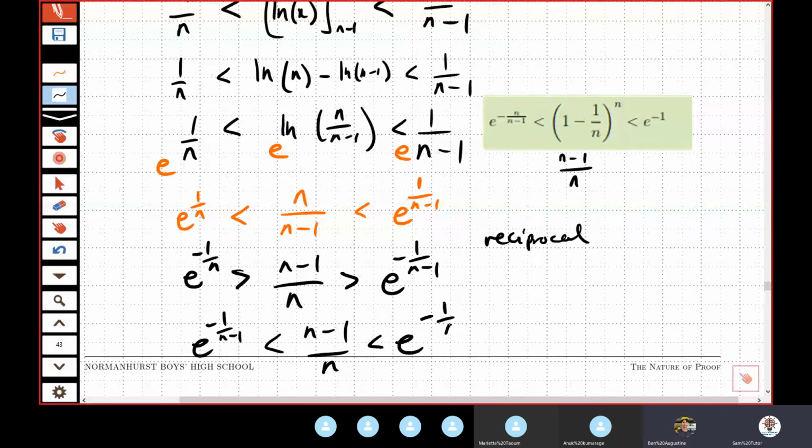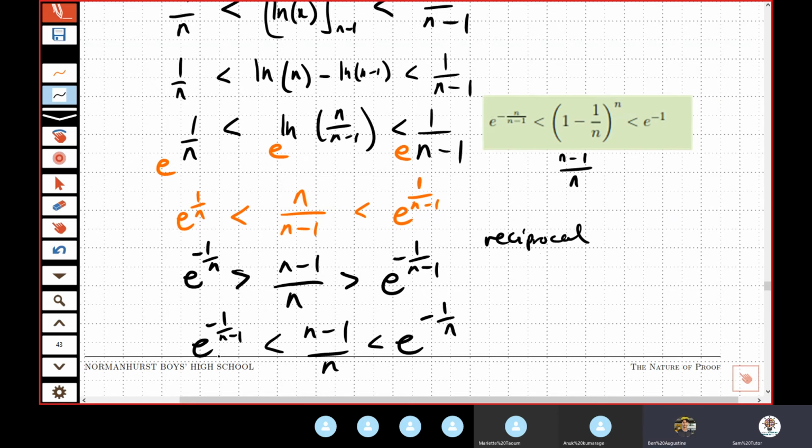Look at this. What do you think I'm going to do next? You're going to split the numerator. You don't need to necessarily split, because we're going to do that in a second.